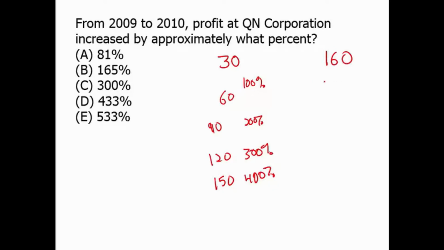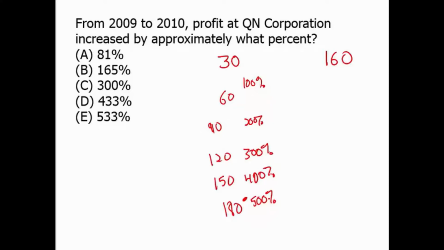Well, we're just over 400%. We're just over 150 at 160. So we have to be the number just before 500%. If we increase by 500%, that would put us up at 180. It's this very tricky thing that when you multiply by 5, you increase by 400% because you add 4 more parts to the original. If you multiply by 6, you increase by 500% because you've added 5 more parts to the original.